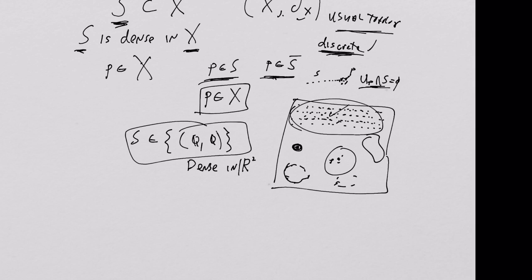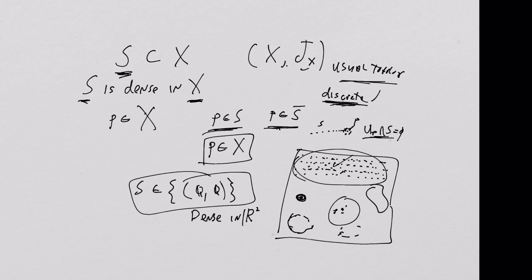You can't develop a notion of limit points in the rational numbers to any arbitrary point because there are no limit points. Nothing is a limit point of anything in the discrete topology. And that gives you a hint about how the notion of nearness is developed through the notion of topology.